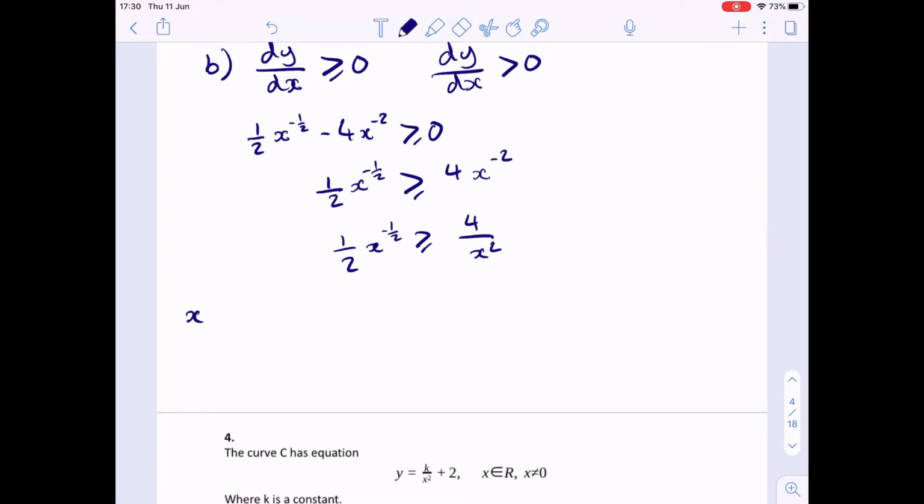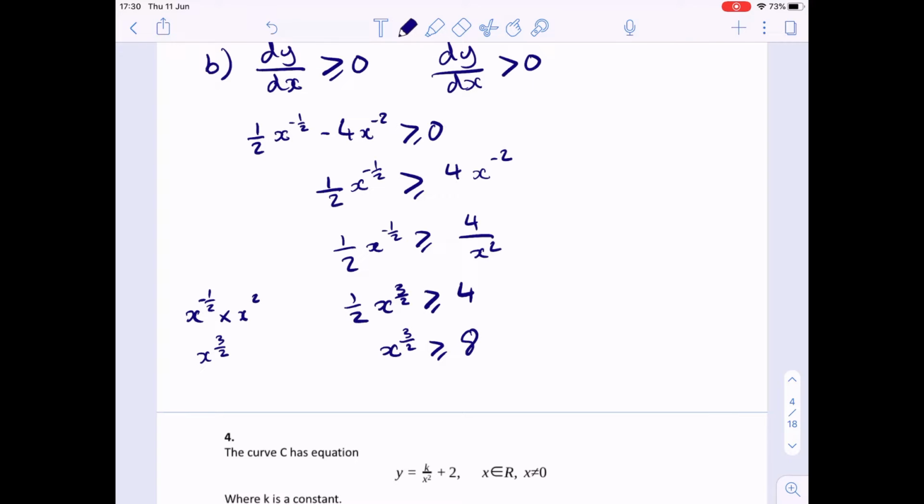So x to the minus half times x squared, we'd add the powers, and this would become x to the 3 over 2. So x to the 3 over 2 over 2 is going to be greater than or equal to 4, and if I multiply now through by the denominator of the left-hand side, I'd end up with x to the 3 over 2 is greater than or equal to 8.